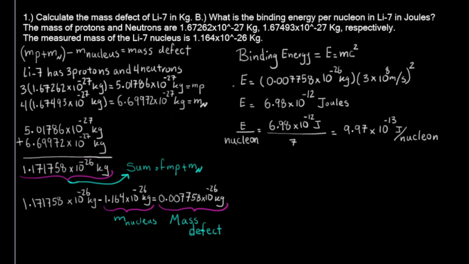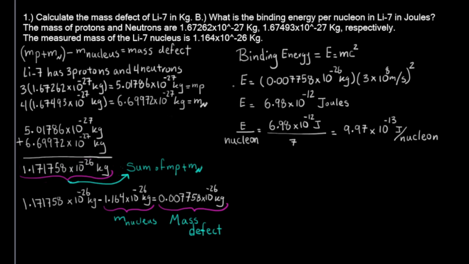In order for us to figure out the answer to this problem, we need to find the number of protons and neutrons in the lithium-7 nucleus. The number of protons inside the lithium-7 nucleus is 3. So we have 3 protons and 4 neutrons.